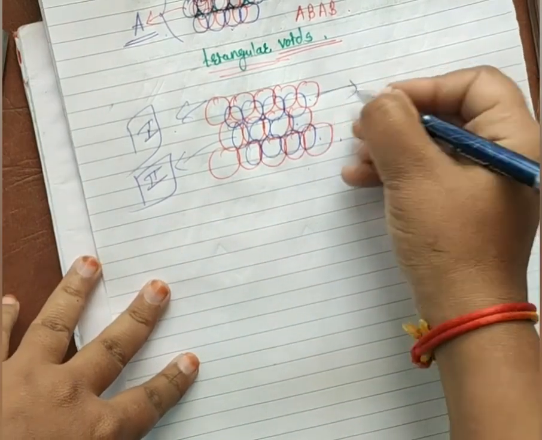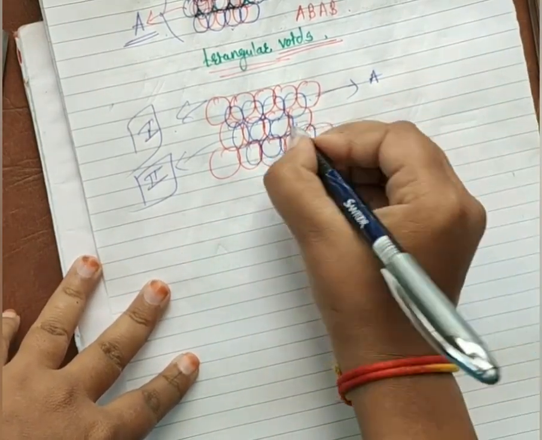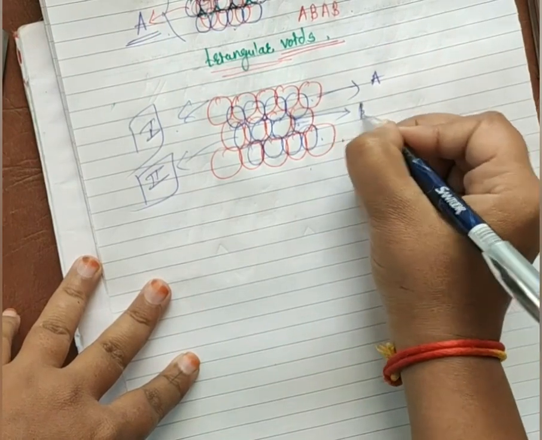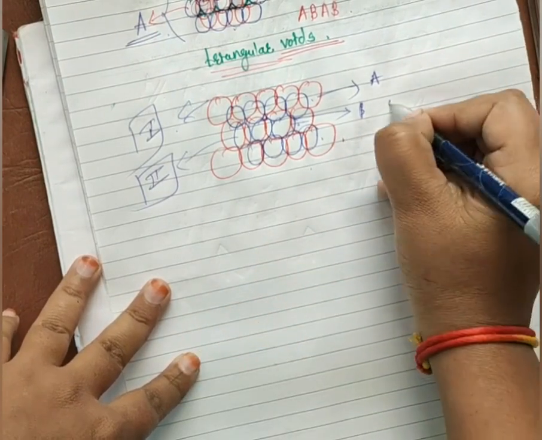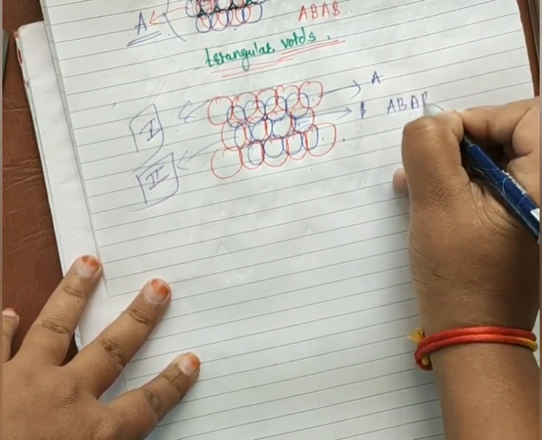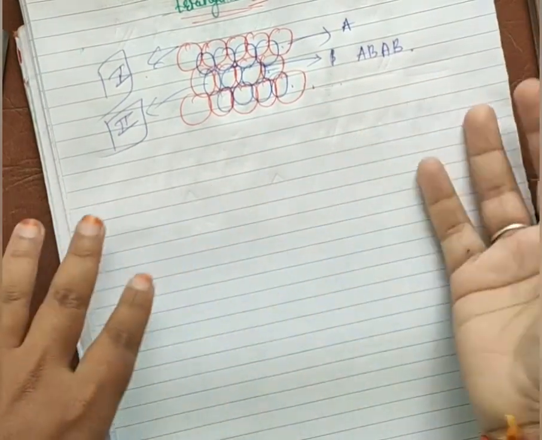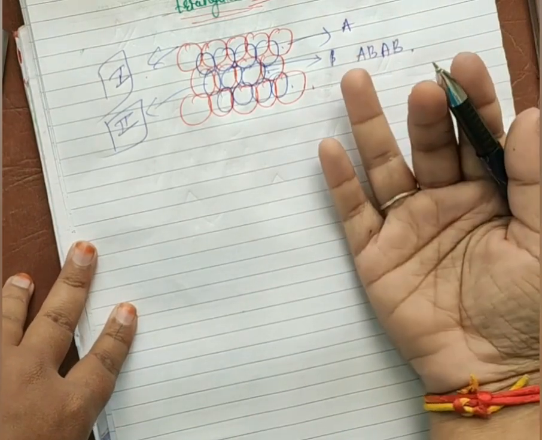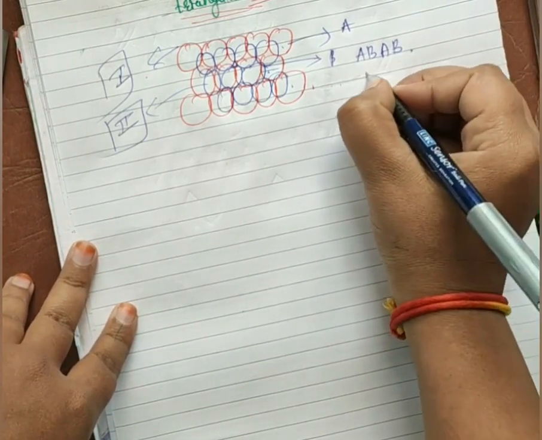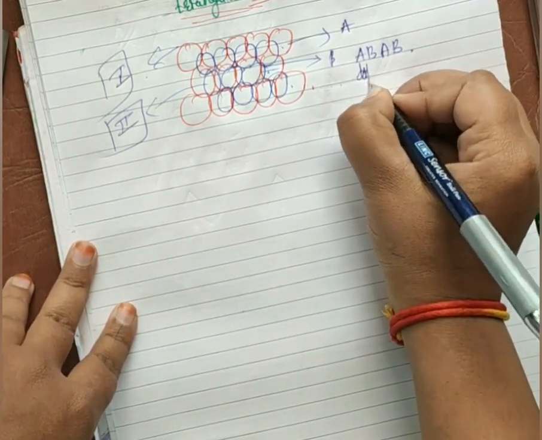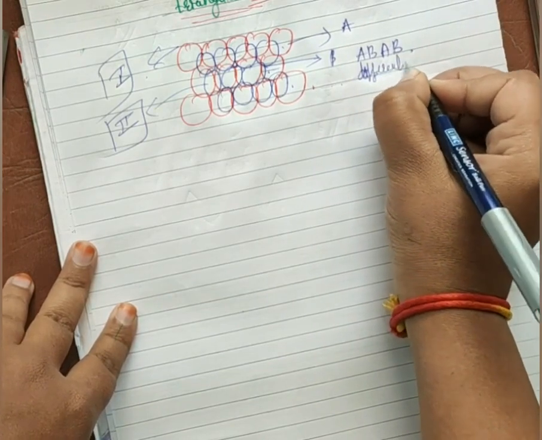The first type we call an A type, and the second arrangement, which is different, we call a B type. So there is a formation of an AB type of arrangement, and here there is a formation of a different number of voids also.